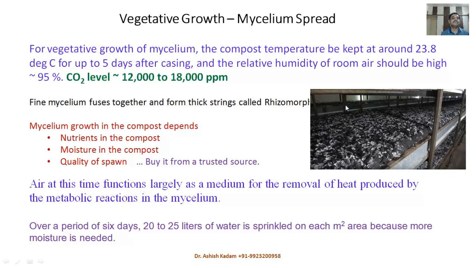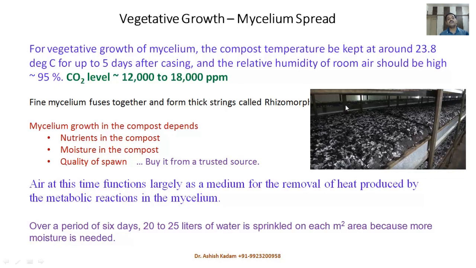Another factor I am saying here is that the air which we are introducing into the room is basically for the removal of the heat. Here we are not introducing any fresh air, because we are maintaining a very high level of CO2. If you are maintaining a high level of CO2, you do not require fresh air into the plant room. If you want to reduce the CO2 level, or maintain it very close to the outside CO2 level, then you can supply outside fresh air into the plant room.